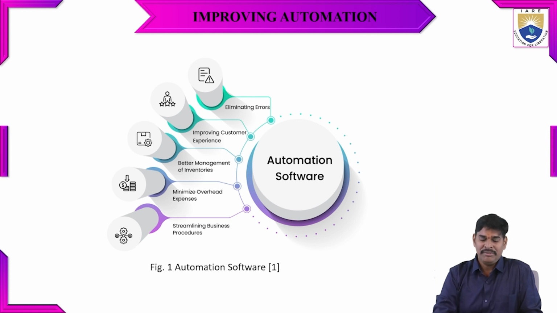Okay. So when you take automation software, we have various steps and layers. The first one is streamlining business procedures.